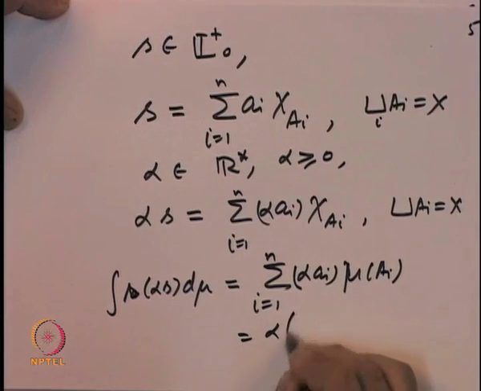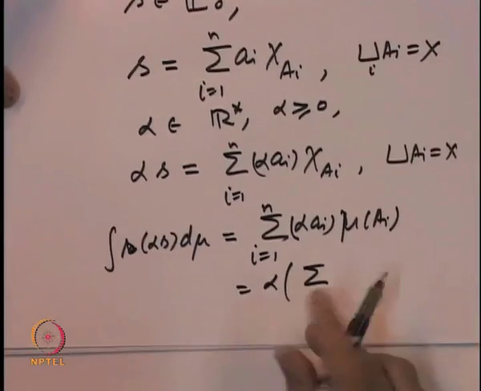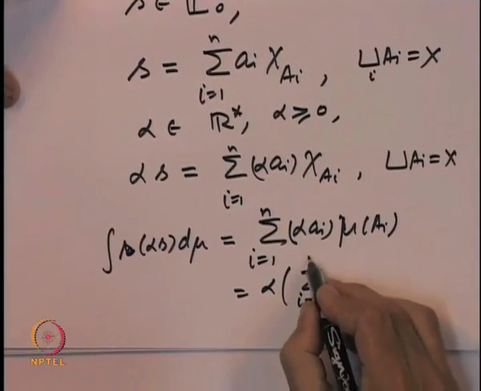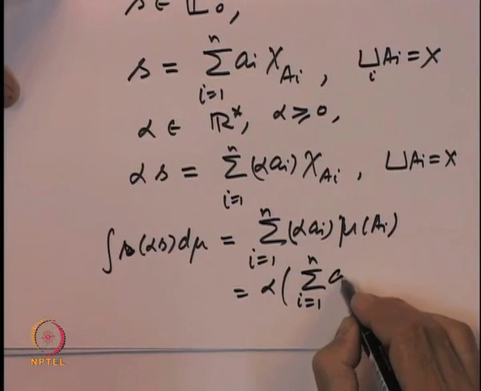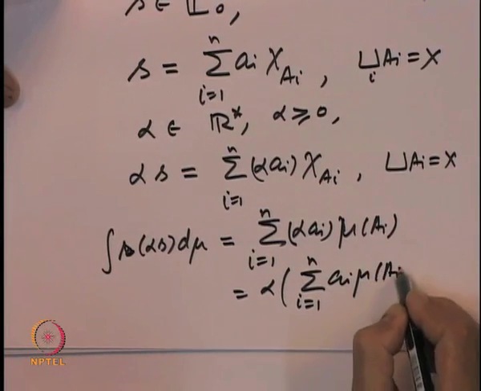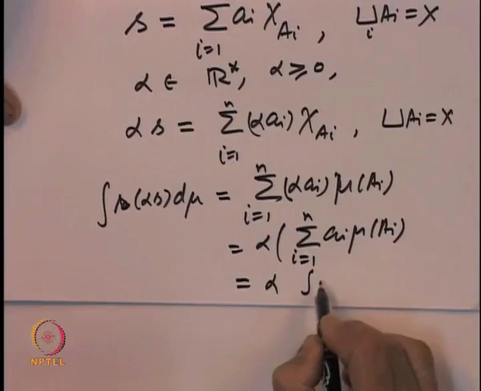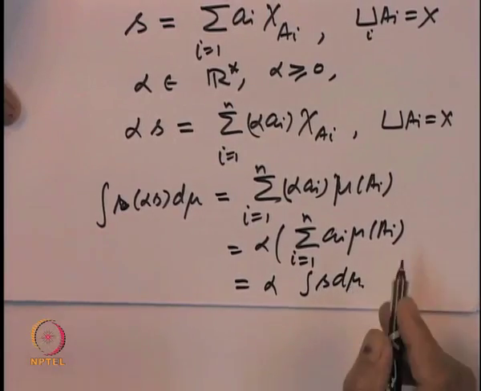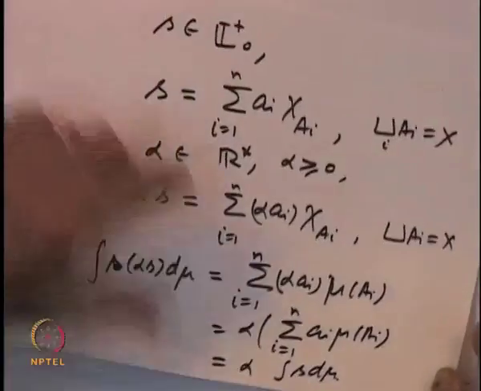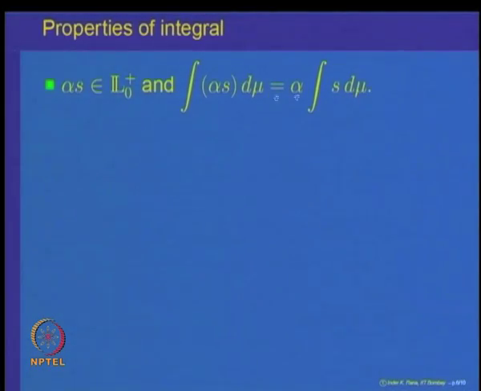So, alpha comes out: alpha times the summation of i equal to 1 to n of a_i mu of A_i, and that is nothing but alpha times the integral of s d mu. So, that proves the property that for the integral of non-negative simple functions, if you multiply by a constant alpha, then the alpha comes out. So, the integral of alpha s d mu is equal to alpha times the integral of s d mu.